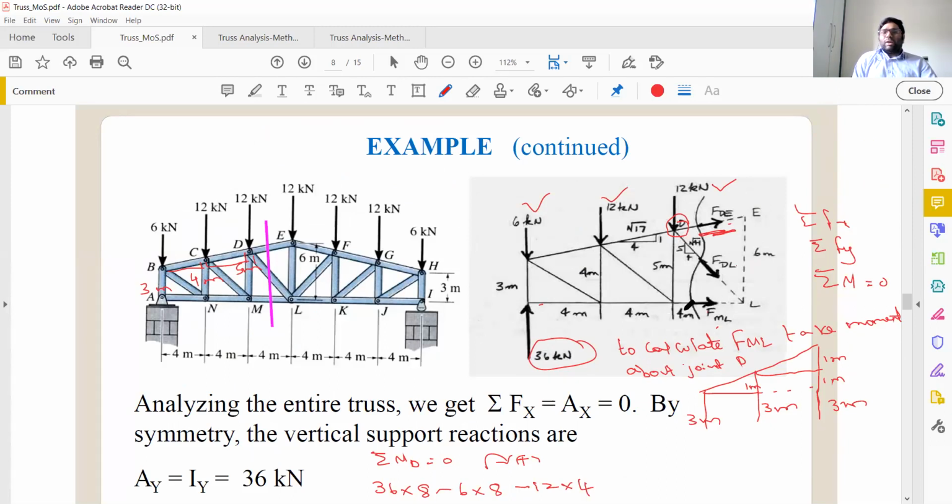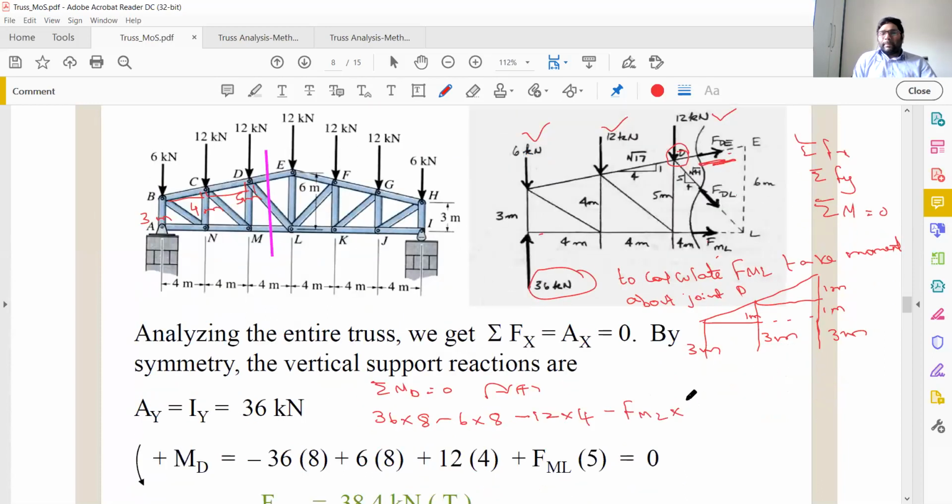And FML is the horizontal force. So FML into height, that is anti-clockwise, minus FML into what is total height till D. So that value will be 5, is equal to 0. So what is FML? FML will be 36 into 8, so 288 minus 48 minus 48 is equal to 5 into FML.